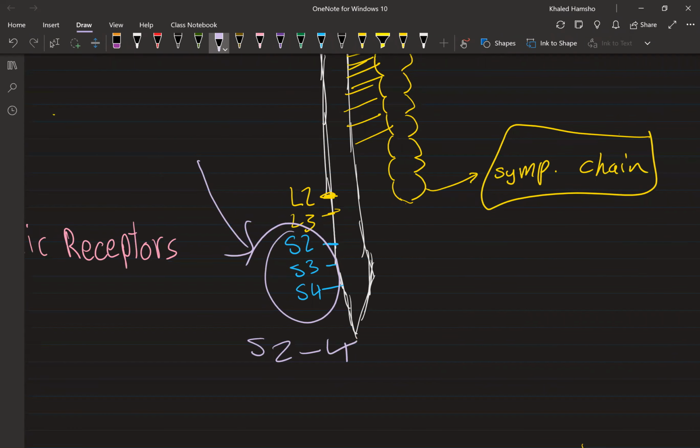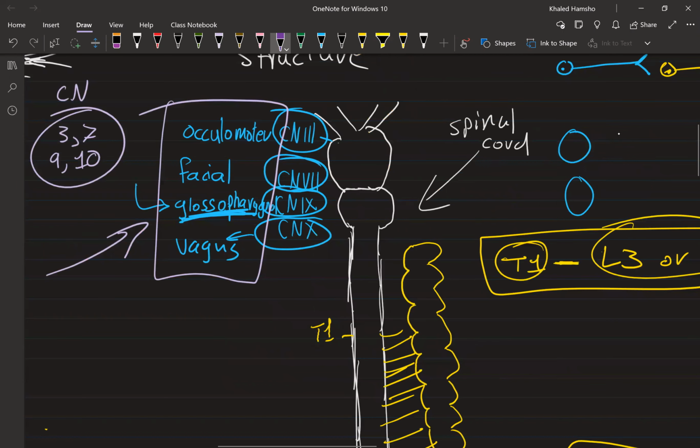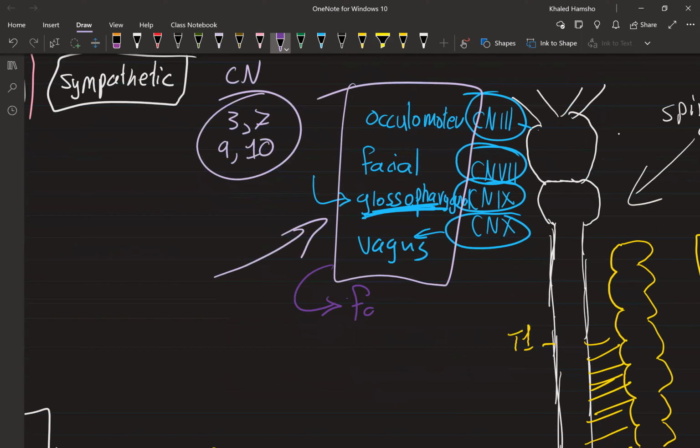This is generally responsible for urination, bowel movements, etc. So it has to do with the sphincters down there. The cranial fibers are for the eyes and the tears, so they have more to do with your face and your internal organs, obviously through the vagus, just to give a general theme.